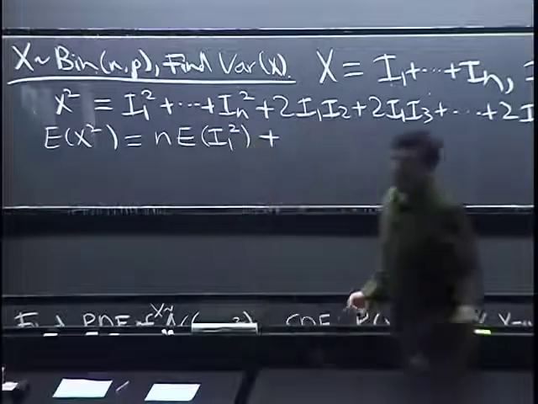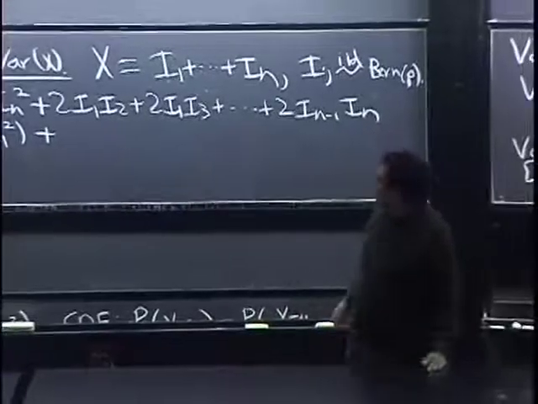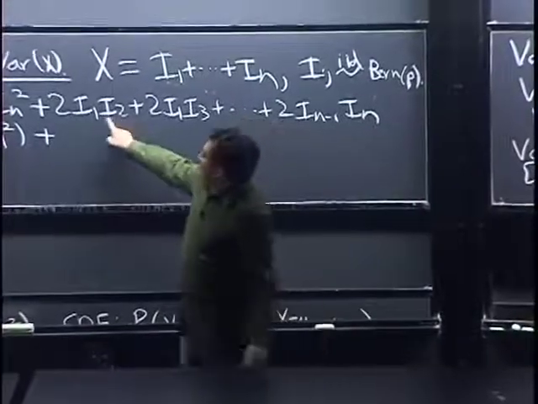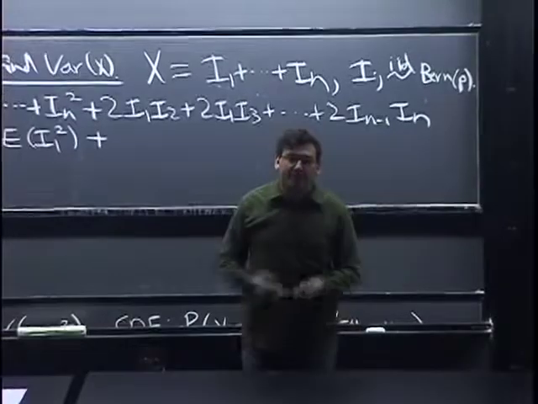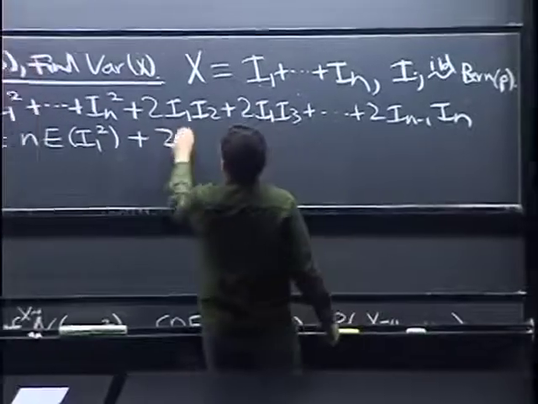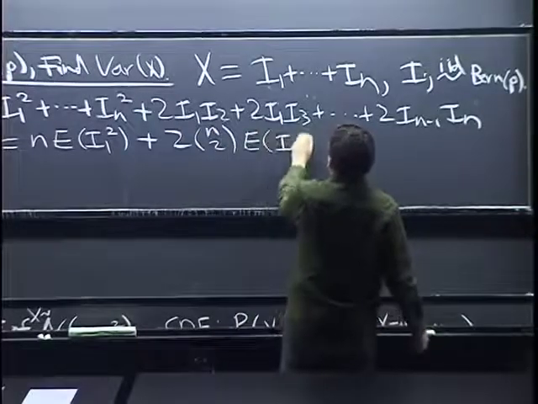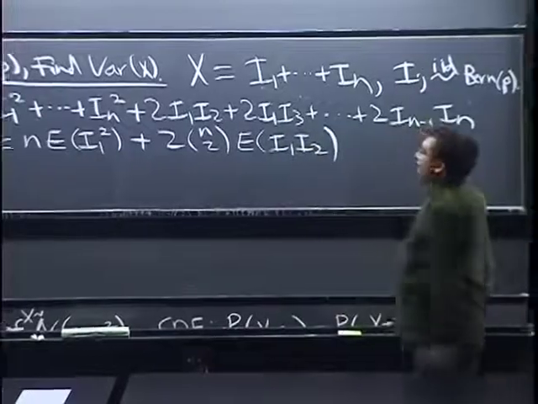We don't have to write that big sum, just n times one of them. Now let's count the cross terms: there are n choose 2, because any pair of subscripts gives a cross term. So it's 2 times n choose 2, times one of them for concreteness, say E of I1 I2.